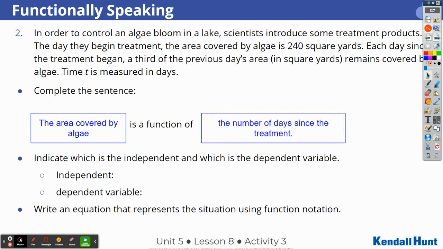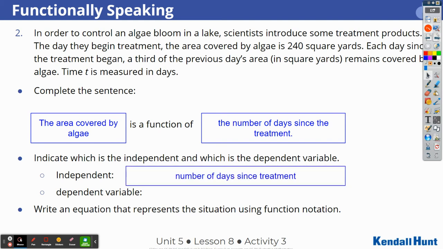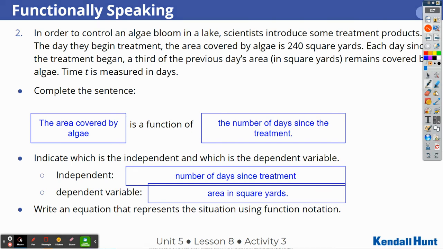So here, if we're identifying our independent and dependent variables, our independent variable is time, the number of days since the treatment, and the dependent variable is the area covered by algae. So it is in square yards. And so to write our equation, we would look to see what our initial value is.